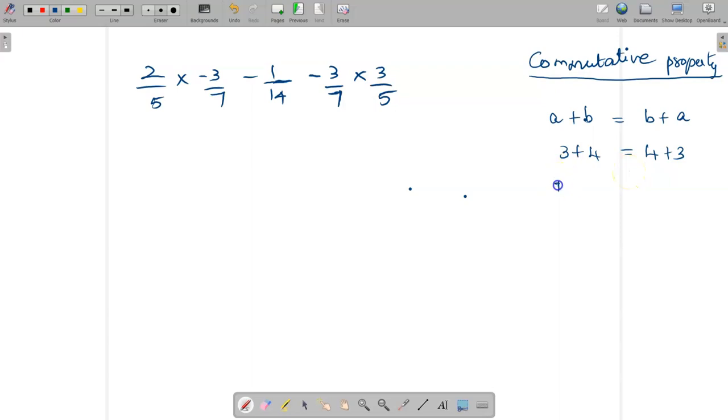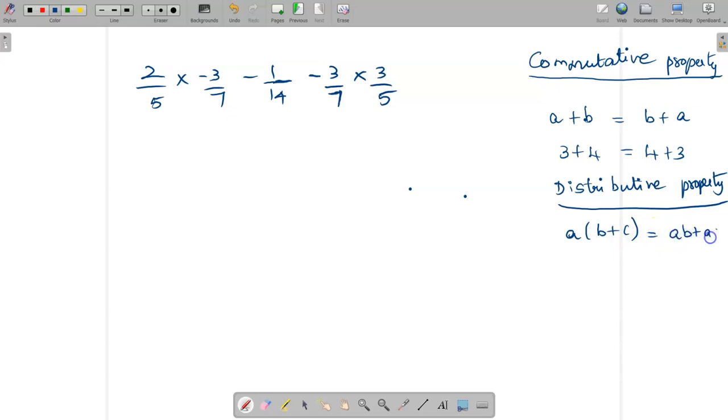And then the distributive property. For the distributive property, we have a × (b + c) = ab + ac.